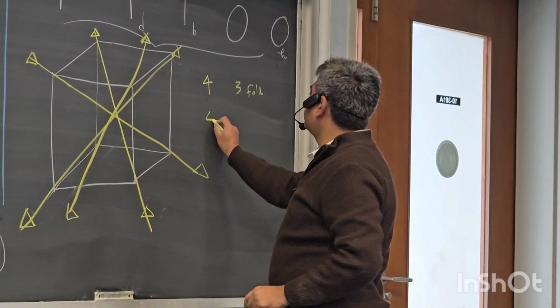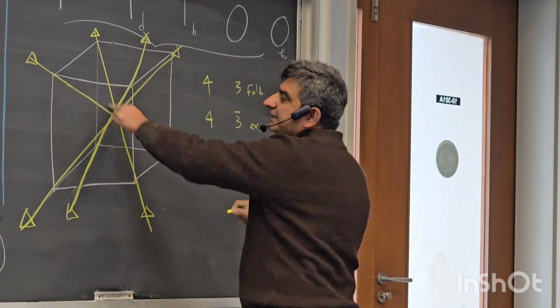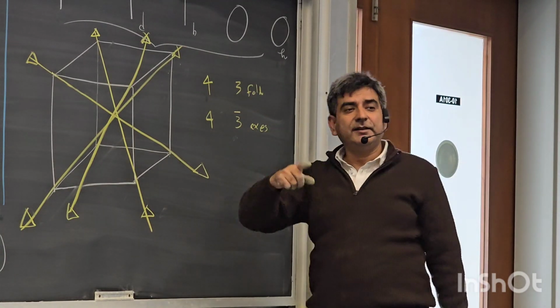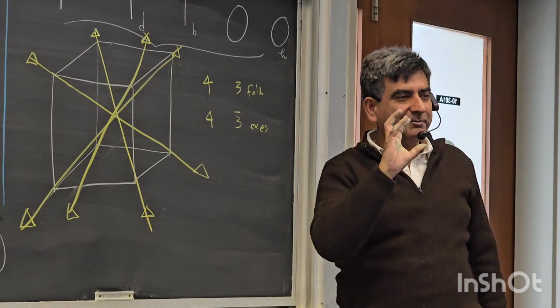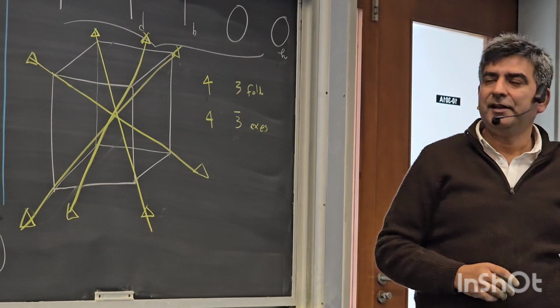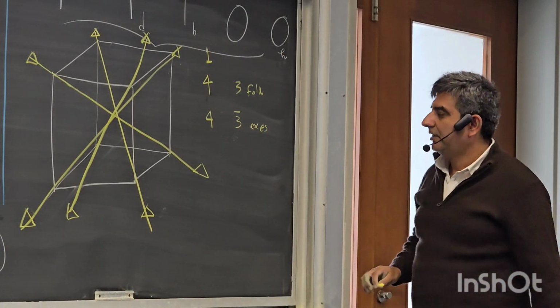T also has 4 3-bar axes. So each of these axes is also a 3-bar axis. So you rotate by 120 degrees and then do an inversion. Of course, this also has the identity symmetry element.